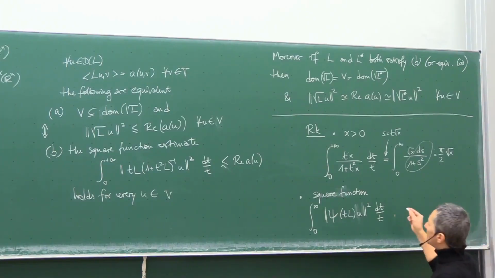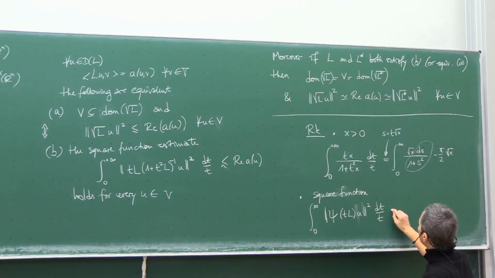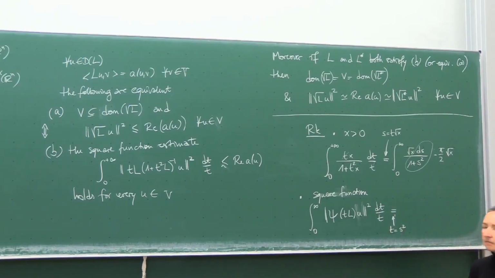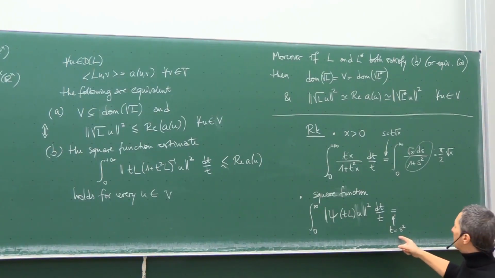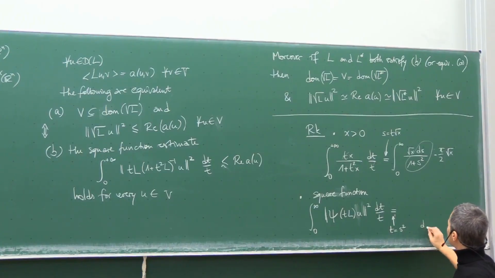Well, if you make the change of variable t equals s squared, what you would get here is, so what is dt over t?